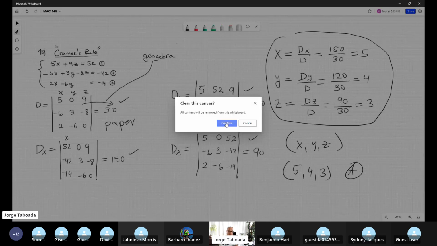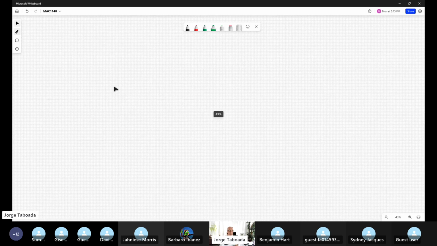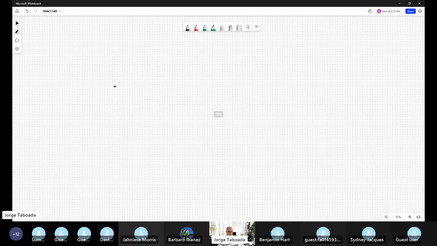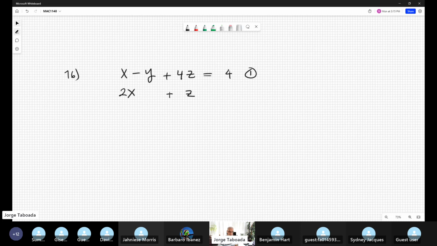Question 16 is very, very similar. I don't want, of course, to repeat the process again. 16 is x minus y plus 4z equal to 4, equation 1. 2x plus 1z, so y is missing, equals 0, equation 2.